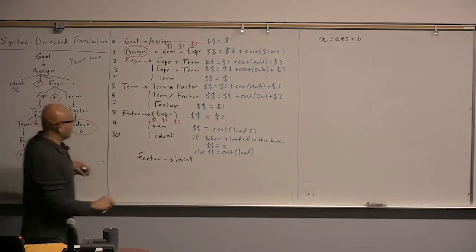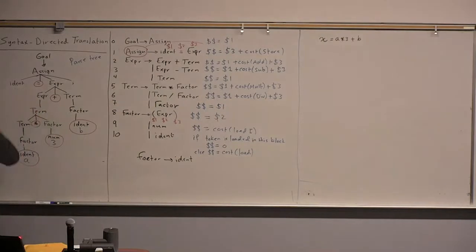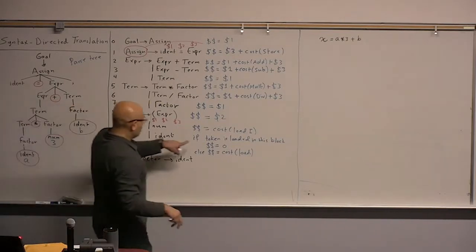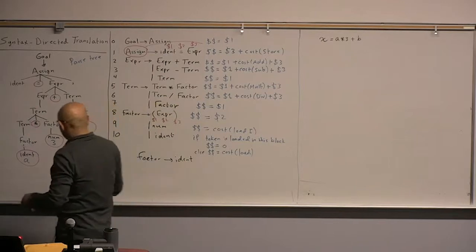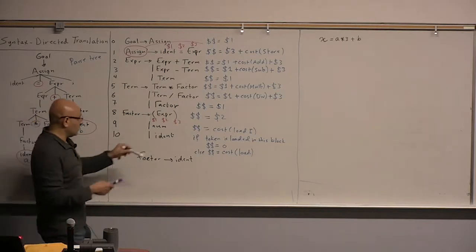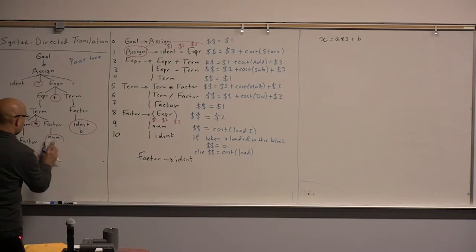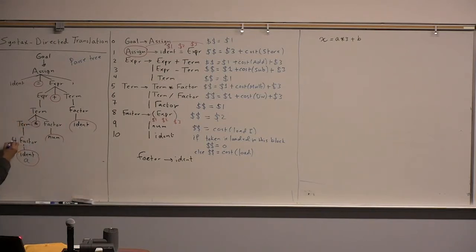Now, with this tree, the first thing that will happen is we will reduce an identifier to a factor. When we reduce the identifier to a factor, we will calculate the cost of the load. The cost for factor is going to be 4.